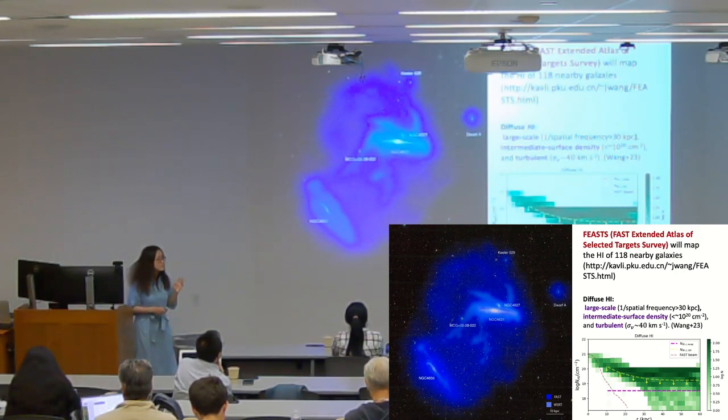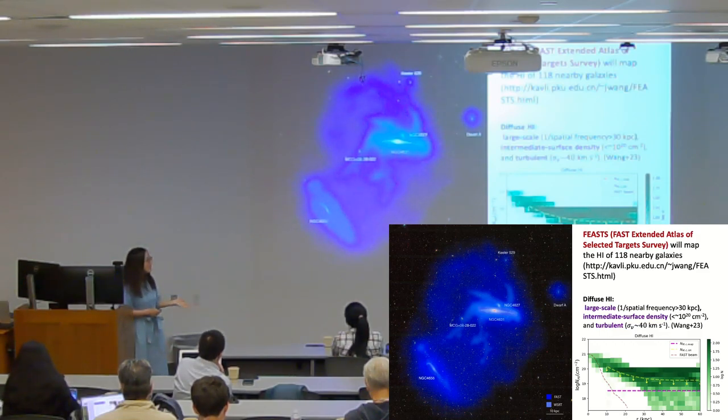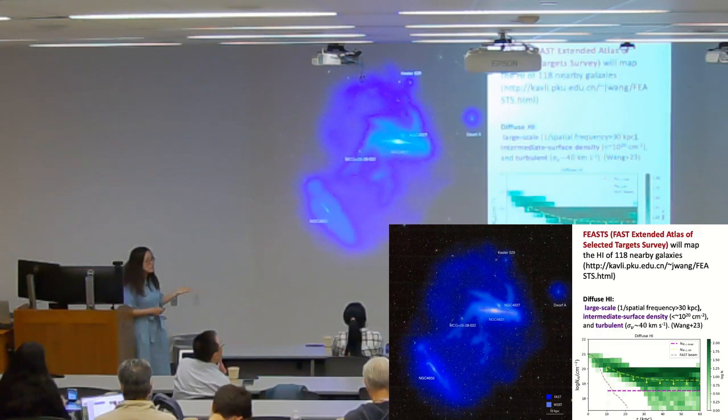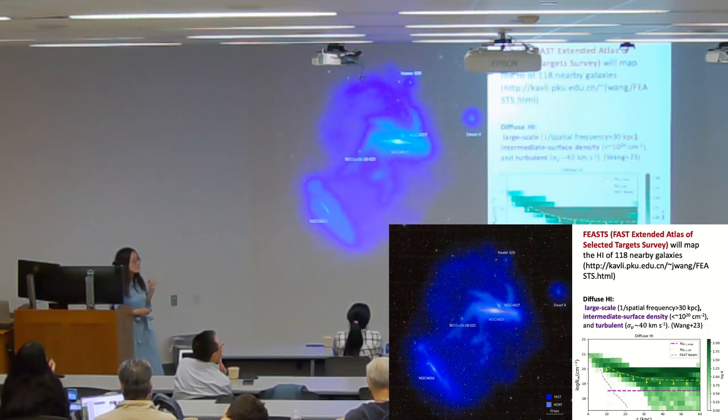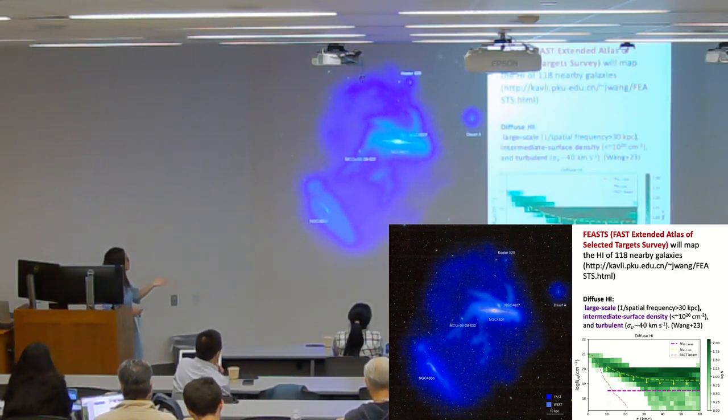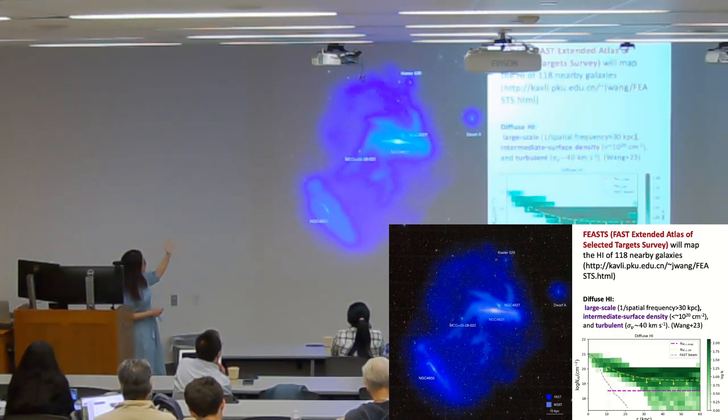And with simple modeling, we were able to show that this diffuse H1 is unlikely to be evaporated or photoionized. Instead, it is more likely to cause gas accretion due to turbulent mixing with the CGM and cause cooling there. This diffuse H1 is shown as the dark blue halo-like thing on the left picture, around the much denser H1 revealed by interferometry WSRT before, shown as the lighter blue color there.